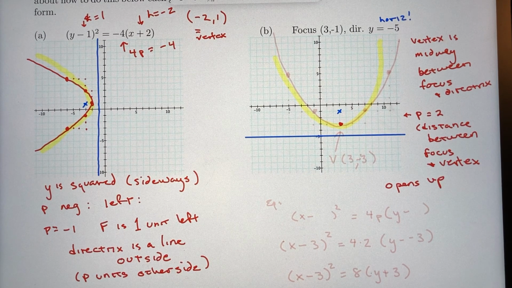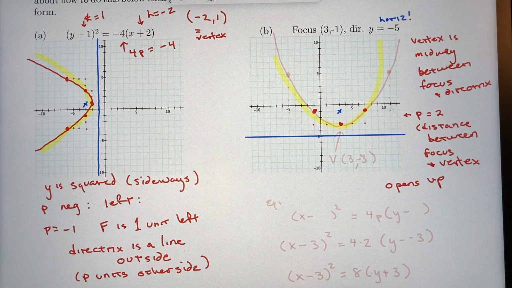We go 2P over, and again, P is 2 this time, so 2P over and 1P up to the level of the focus, 2P over to the left, and 1P up, and those are the 2 main points.